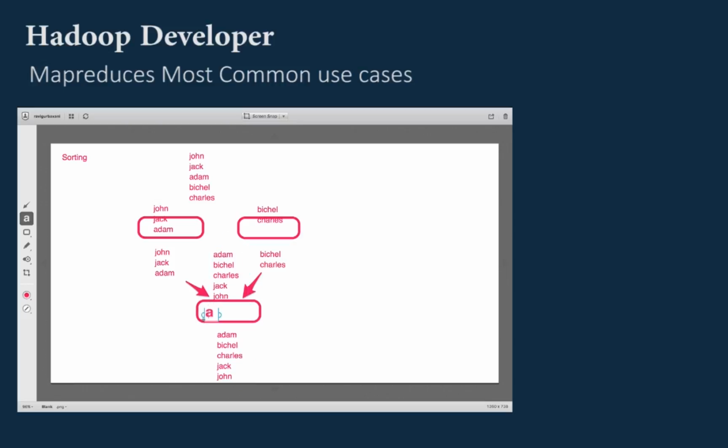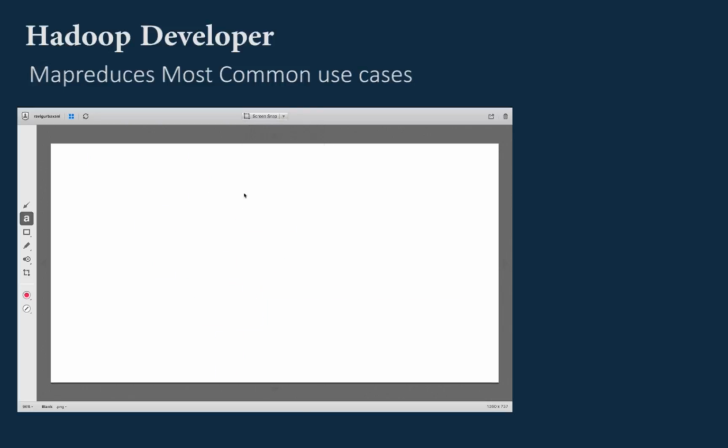And here we will have a do nothing reducer, because the shuffle and sort phase automatically ensures that everything is sorted in ascending order, so we don't have to do anything whatsoever.